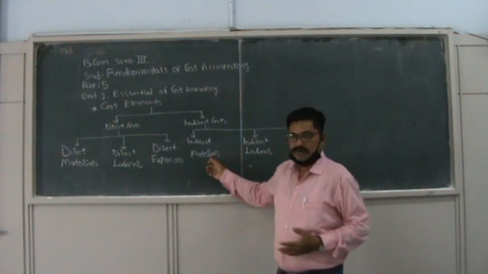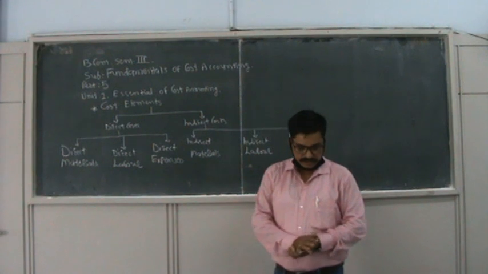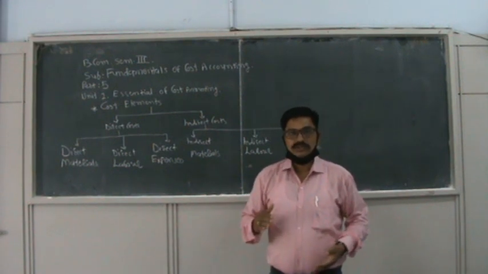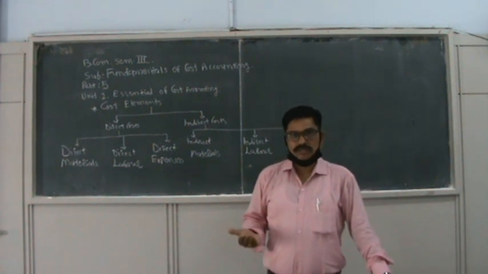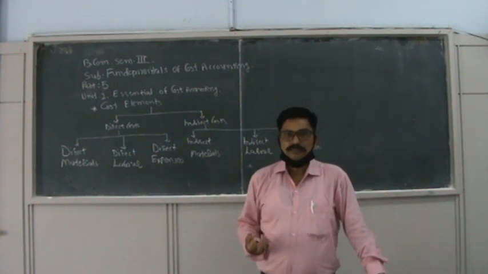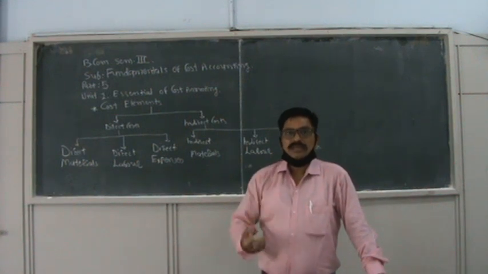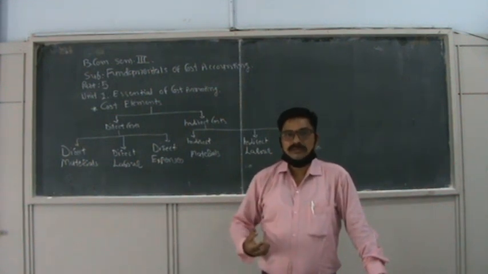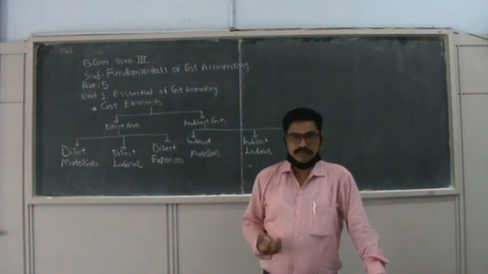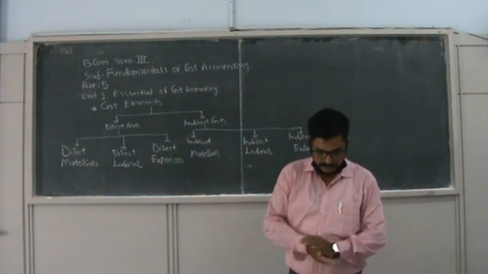Material is used, but per unit it is not possible to identify. It is useful for the production procedure, but it is difficult to calculate the per unit cost of the material, so it is known as indirect materials.